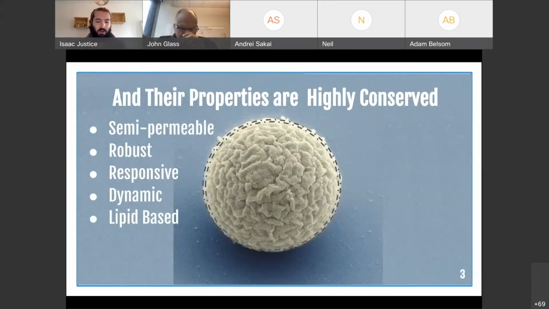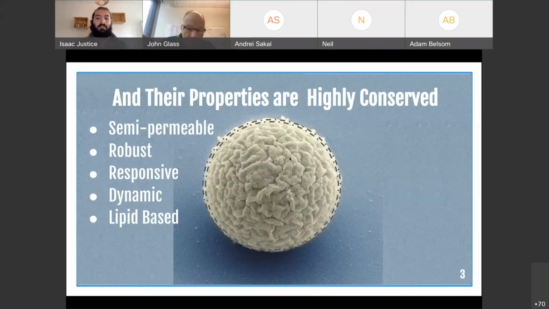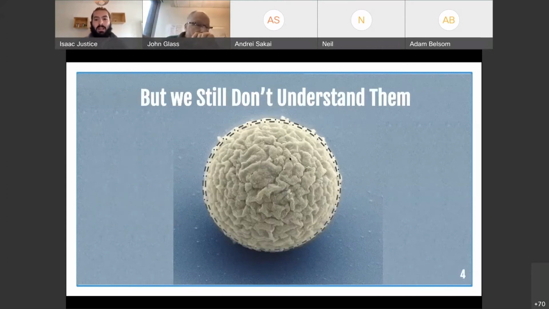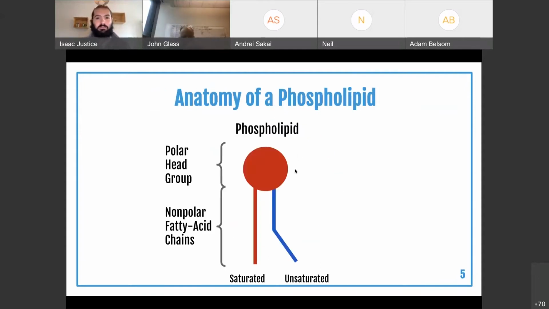All the membranes that we know are primarily composed of lipids, and there's a reason why life chose this path, or why this path was the most favorable evolutionary path for life. Even though we know all these properties of cell membranes, we still don't understand them the way we would like to. And specifically, we don't understand the link between lipid membrane composition and cell fitness and cell functionality.